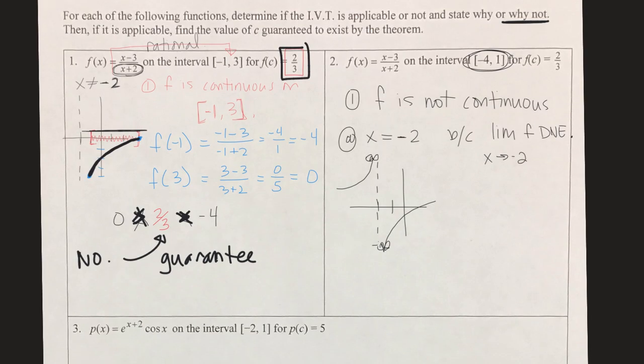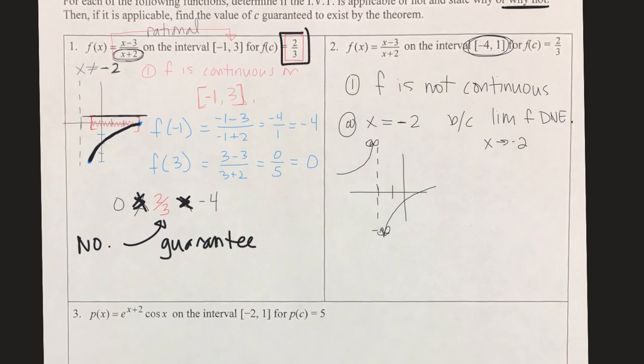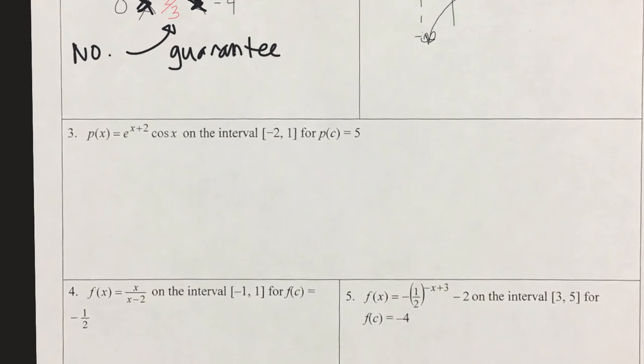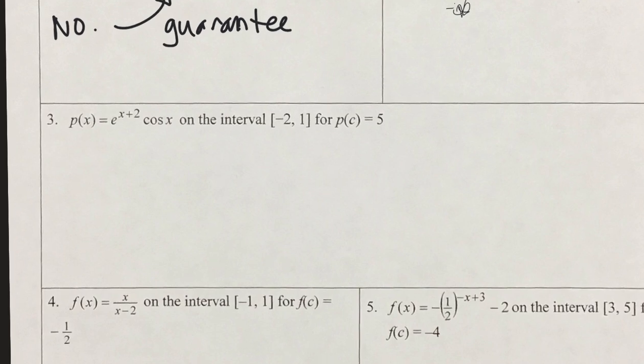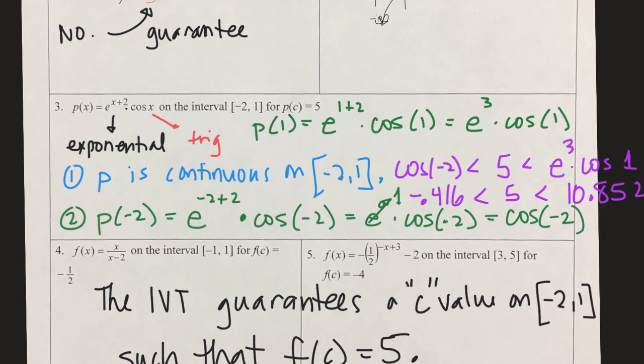Okay, so first we check for continuity, and then we check for y values. All right, let's see about our next one. Okay, there's a lot to this one. So number one, yes, we have a continuous function times a continuous function, so P is continuous. Then we find our endpoints at -2 and at +1, and we compare our value of 5.